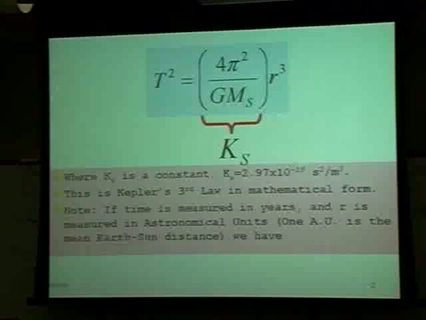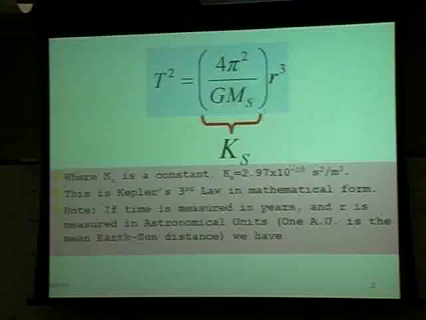So if you put 1 in for T and 1 in for r, then the Kepler constant is 1 as well. In other words, if you measure time in years and distance in astronomical units, then T squared equals r cubed.